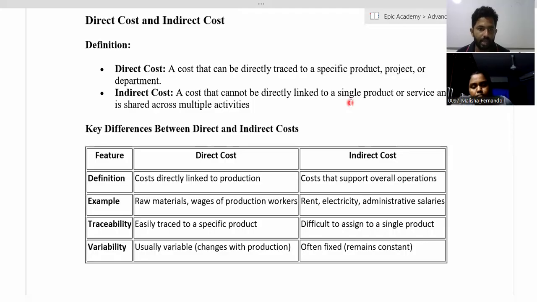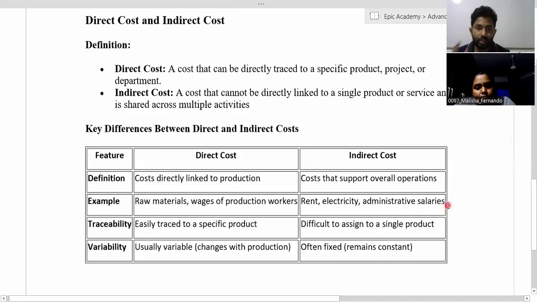Definition: direct cost is directly linked to the production. If you are running a bakery, direct cost is linked to the production directly, for example financial cost. Indirect cost is a cost that supports overall operations.